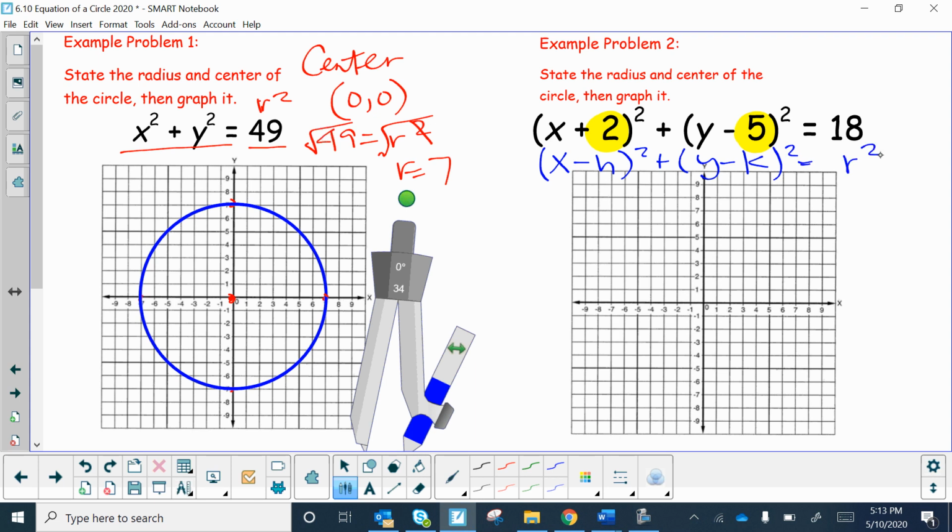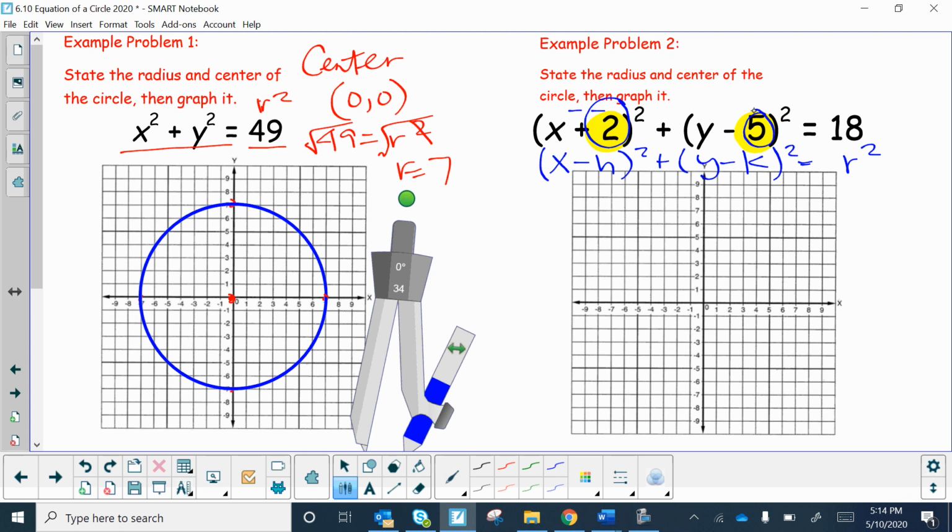Okay, so minus h. Now this doesn't have a minus, but remember, minus a negative is really a positive. So this number right here is like a -2. This one has the minus like the formal equation, so this is a magic number 2.